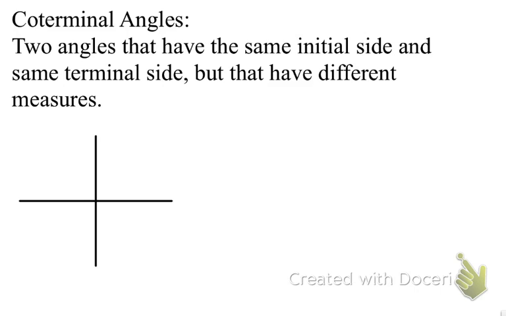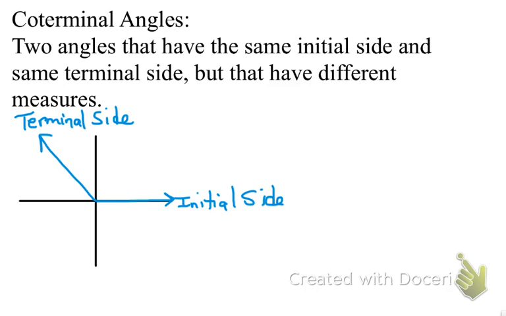These are two angles that have the same initial side, which in standard position is the positive x-axis, and the same terminal side, we'll draw it maybe over here, but the angles have different measures.